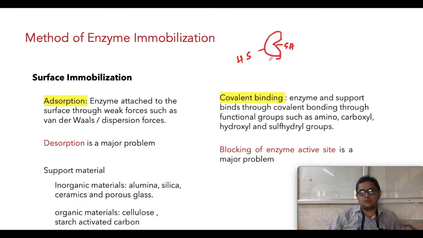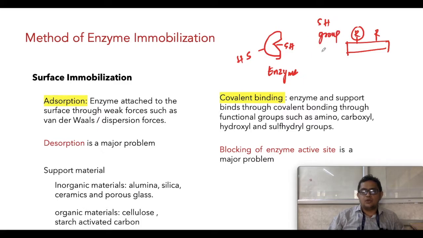That's a functional group of an enzyme. Similarly, your support material has a functional group which can form a linkage. I am using R for this functional group, and it can form a bond with the SH group. So what is the possibility here? This R group can bind to this SH or it can bind to this HS.